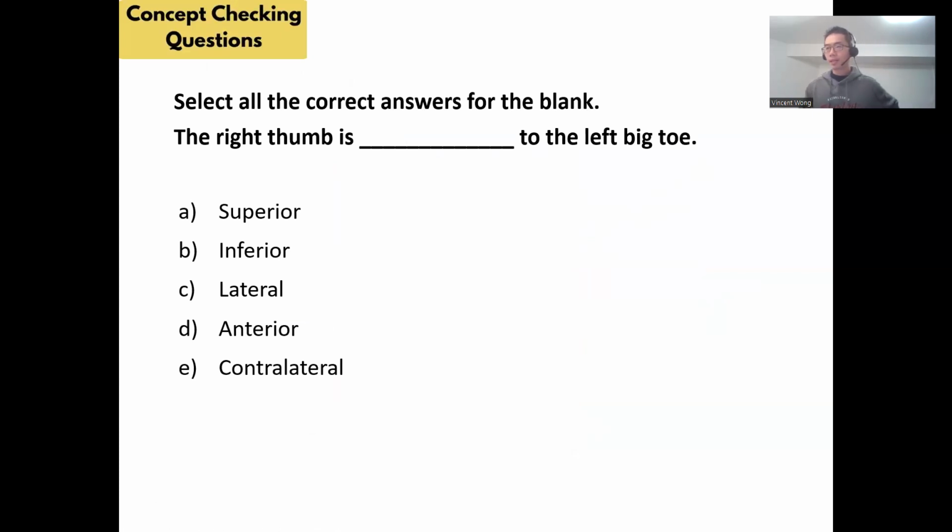Okay, let's take a look at this. Select all the correct answers for the blank. The right thumb is blank to the left big toe. Choose all the right ones. Here, I'll launch the poll. See if you feel like doing it today.